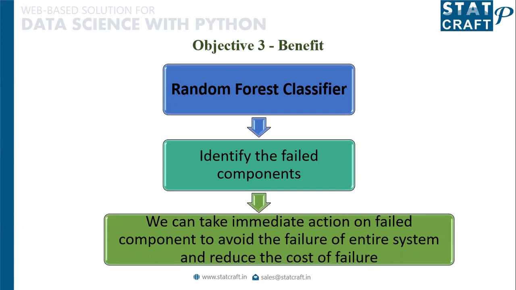So with this, I come to the end of today's presentation. We have looked at 3 different objectives. We have looked at 3 techniques, namely Heatmap, Oneway Anova, and random forest classifier. We have looked at the benefits of each of these techniques.